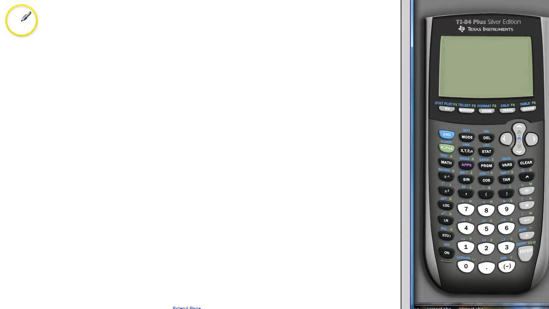But what if you don't have information for three sides and one angle? If you have information for two sides and two angles, it's a different formula, and it's called law of sines.